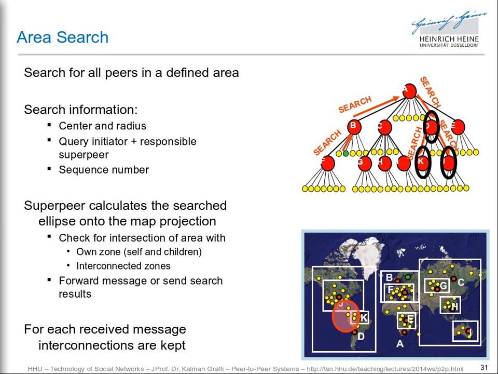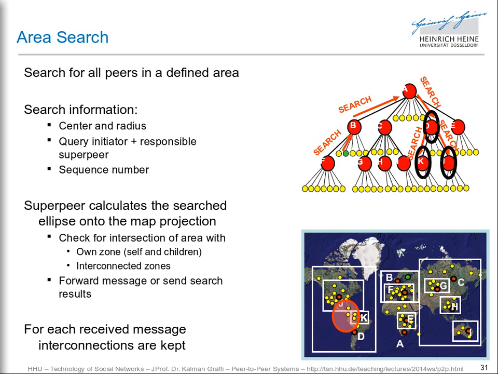The query is forwarded first of all to our parent, and our parent checks, okay, is the whole area inside my zone? No, it isn't. So we forward the query to our parent, which is A.